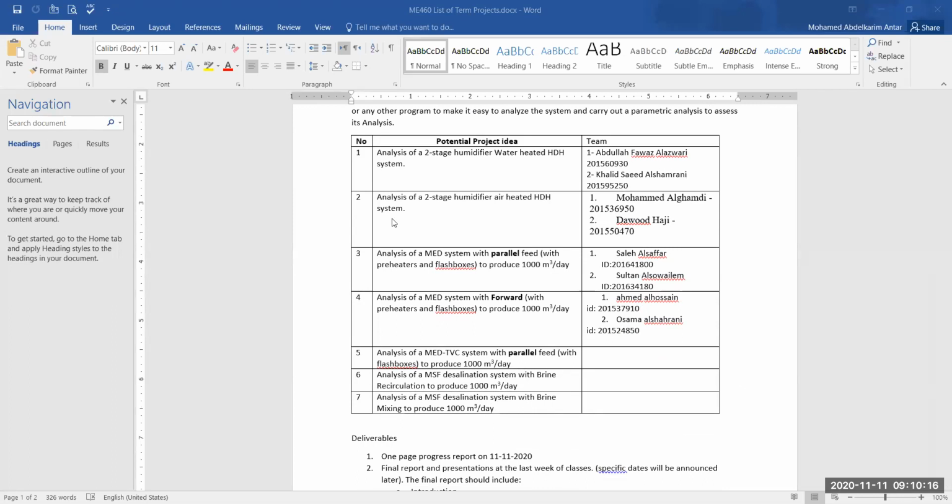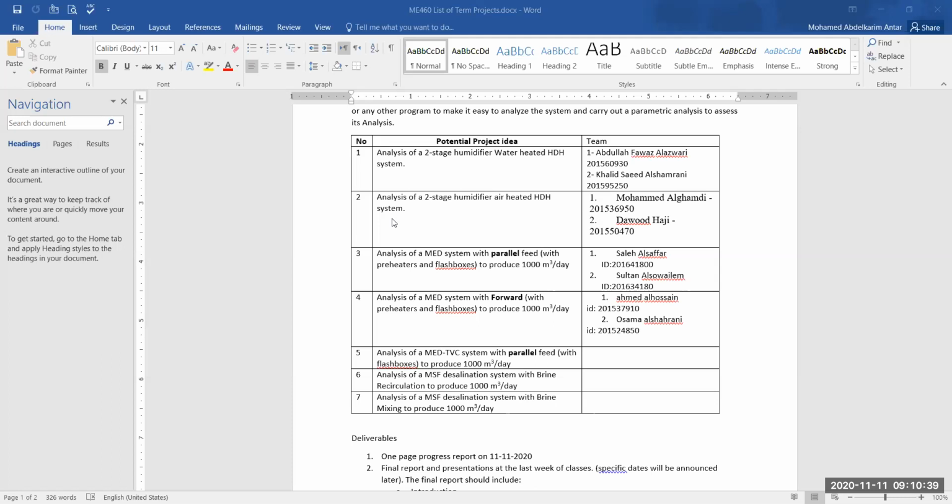Ahmed Al-Hussein and Osama Al-Shahrani are considering the analysis of an MED system with forward feed. Now, these are basically 2, 4, 6, 8 persons, and we are left with 3 persons. The 3 persons left are going to work together. Now you have no option.